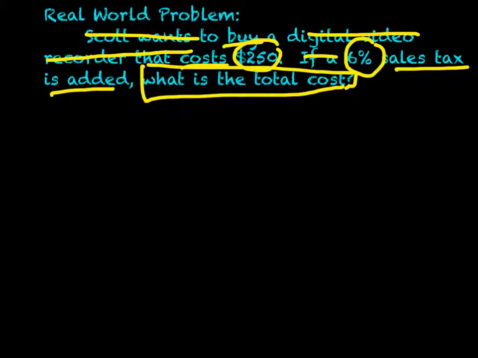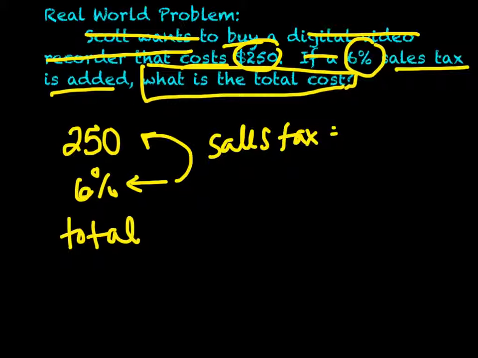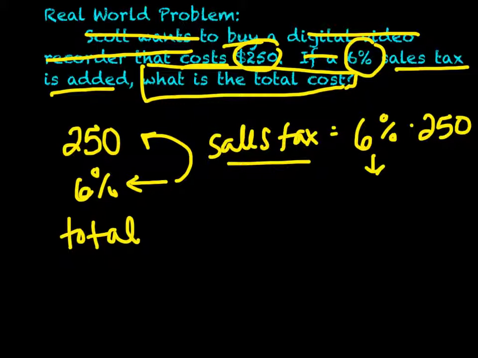So we have 250, we have 6%, and we need to find the total cost. Our sales tax is 6% of 250, so let's figure that out. The sales tax is, we don't know what our part is, so we have 6% times 250. 6% can also be written as 0.06, moving that decimal point over 2 places, times 250.